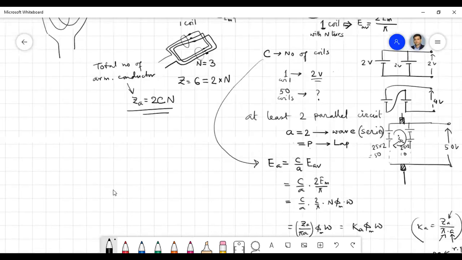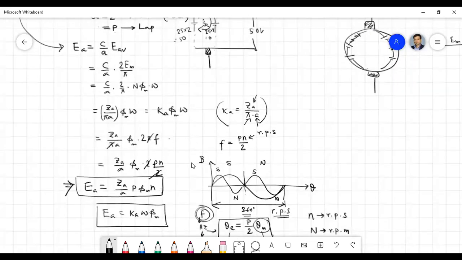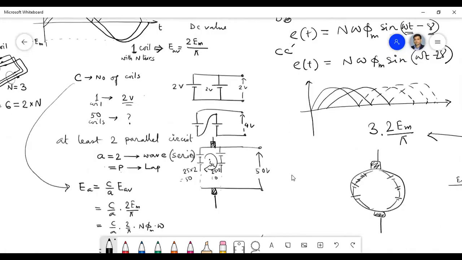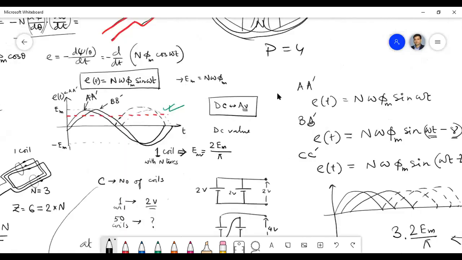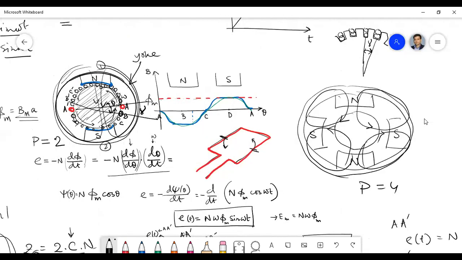If you can recall the definition of an electrical machine, what are the things we need to make an electrical machine? We need some magnet, some coil, magnetic field and electric field.